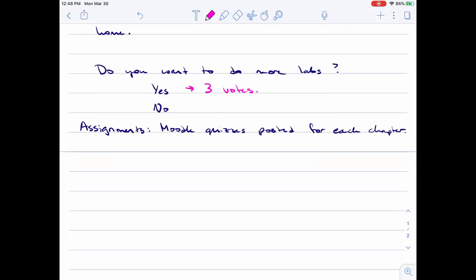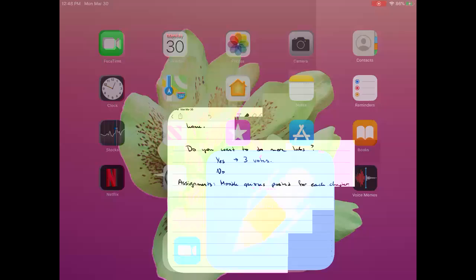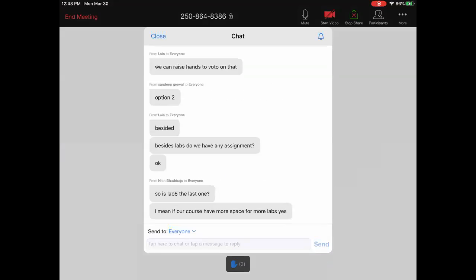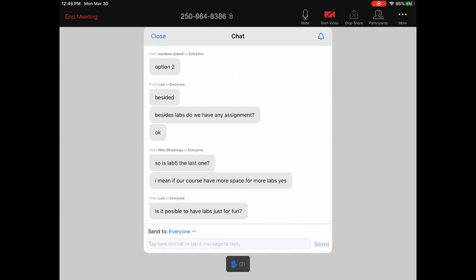What we can do. Eugene says, I mean, if our course, yeah. Well, I can always make up more labs. Is it possible to have labs just for fun? Of course it is. How about we'll do one more lab then.